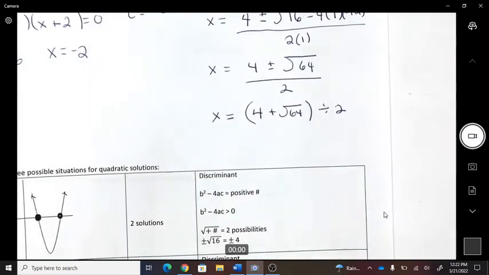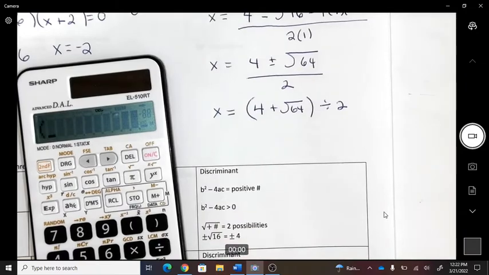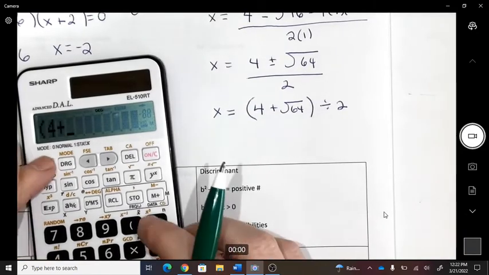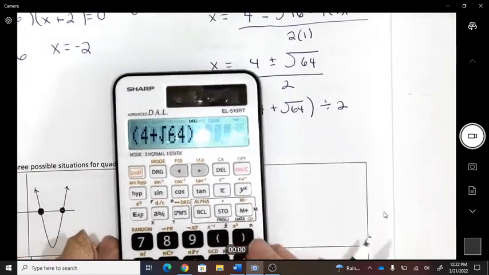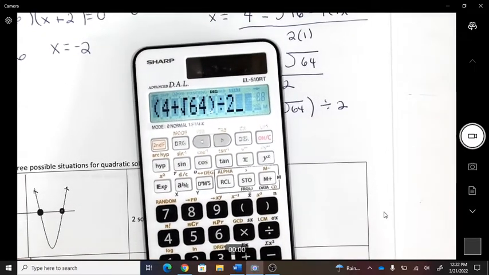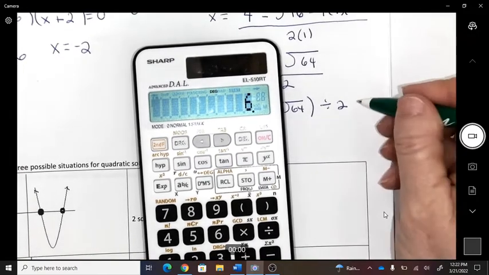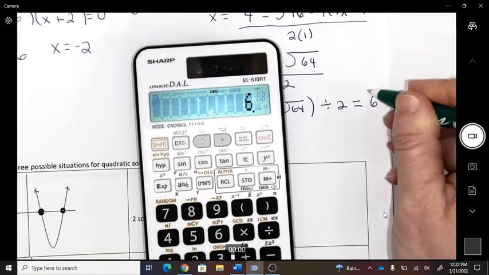Brackets. Okay. So how I wrote it there is how you have to type it in. You have to have brackets or it'll cause an error there. So brackets all that divided by 2 equals, we actually knew what the answers are going to be, right? Or hopefully.